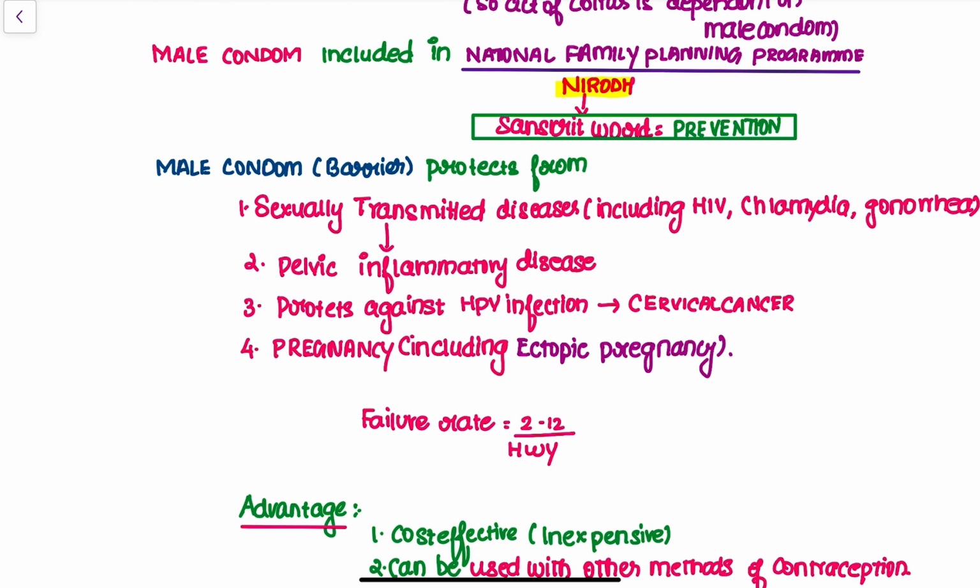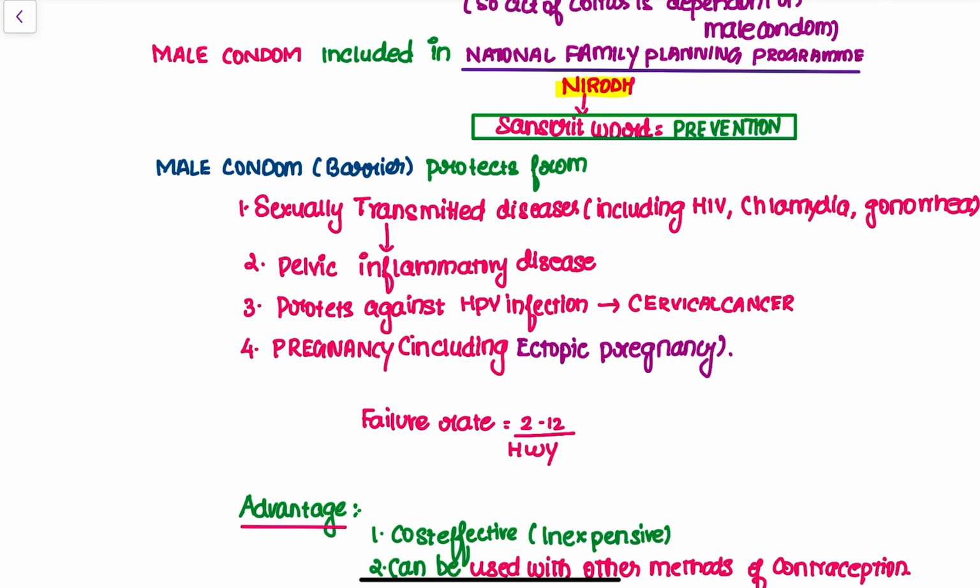And we all know that the most common cause of pelvic inflammatory disease is sexually transmitted infection, right? So once the partner is protected from the sexually transmitted disease itself, then therefore the patient is also protected from pelvic inflammatory disease. Is that clear for you? See, I told you that by wearing this male condom, there is decreased chances for transmission of sexually transmitted diseases to the female partner.